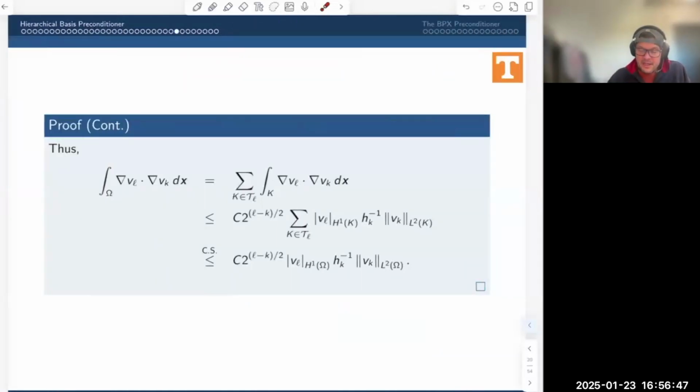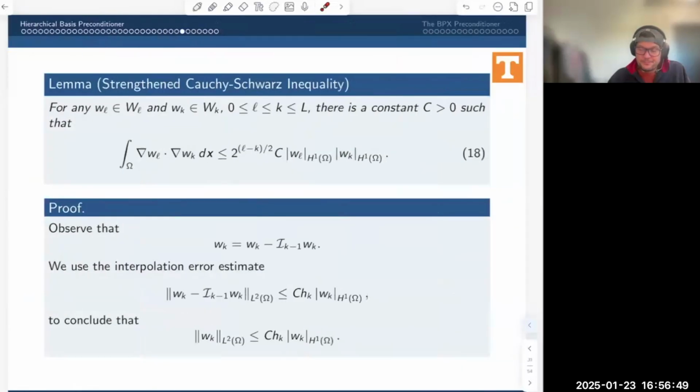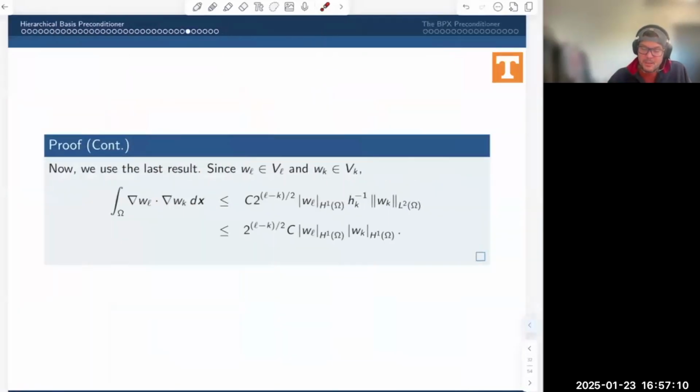If I apply this now to functions that are in WL, I can get something a bit similar. This is what is used in the proof of the upper bound for lambda max. Again, I'm not going to go into these details because it's just too many details.